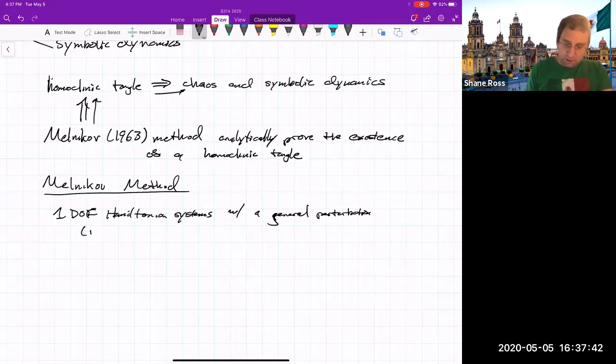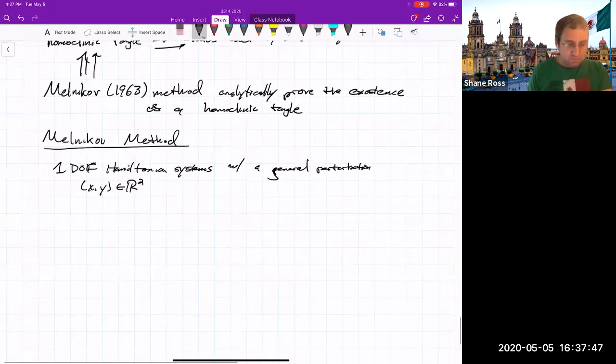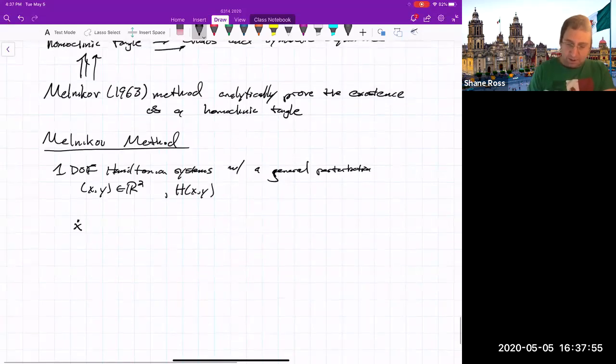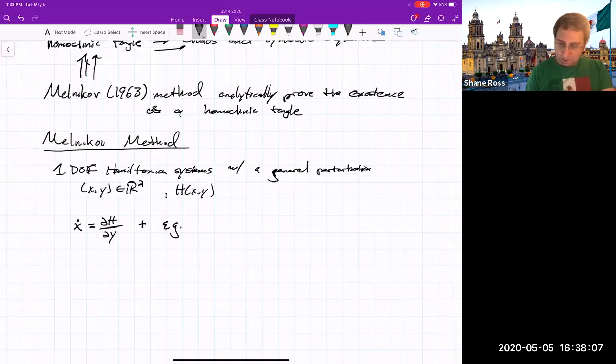So if we have a 1 degree of freedom Hamiltonian system, that means our phase space is R2. And we've got some Hamiltonian function, H(x, y). Then Hamilton's equations, or the equations of motion for this system, are x dot equals partial H partial y plus epsilon, where epsilon is small, times a general function g1, a function of x, y, t, and possibly epsilon.